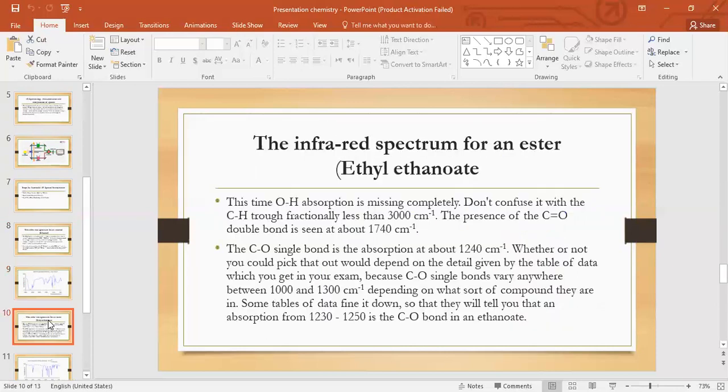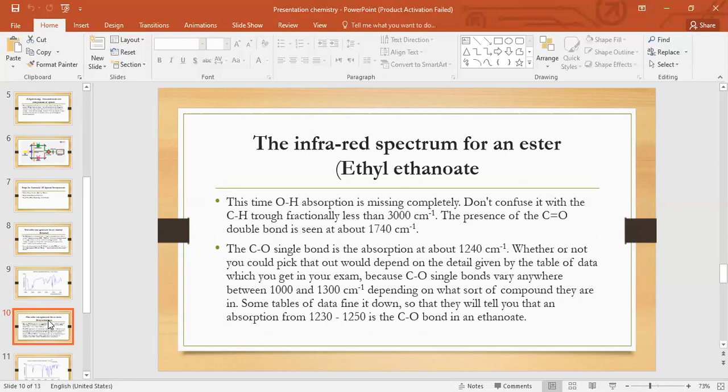There is another example, the infrared spectrum for an ester, ethyl ethanoate. This time the OH absorption is missing completely. Don't confuse it with the CH trough, fractionally less than 3000 per centimeter. The presence of C=O is seen at about 1740 per centimeter. The C-O single bond is the absorption at about 1240 per centimeter.